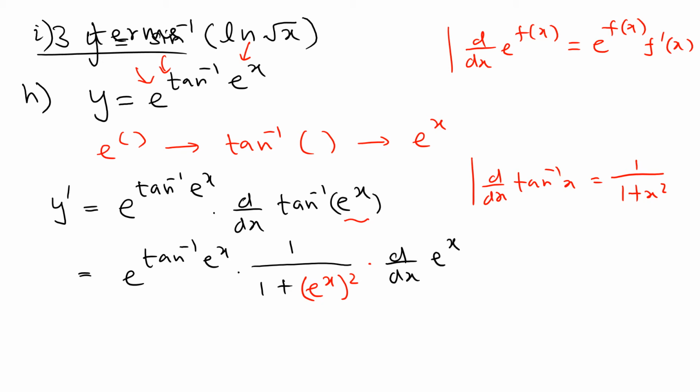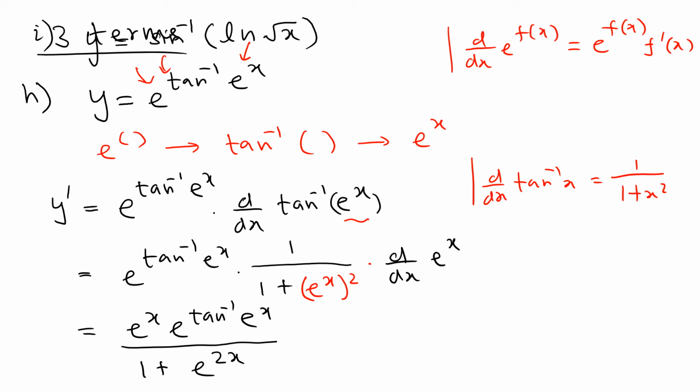So finally you're going to get e^x times e to the tan inverse e^x, and in the bottom you can see that 1 plus (e^x) squared means 1 plus e to the 2x.